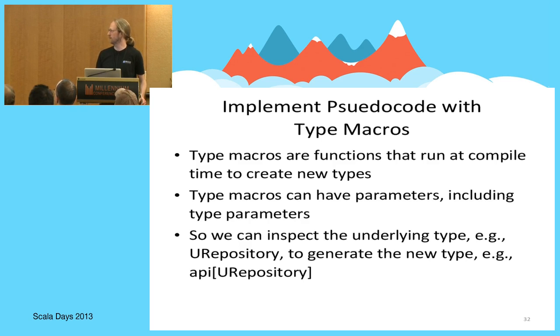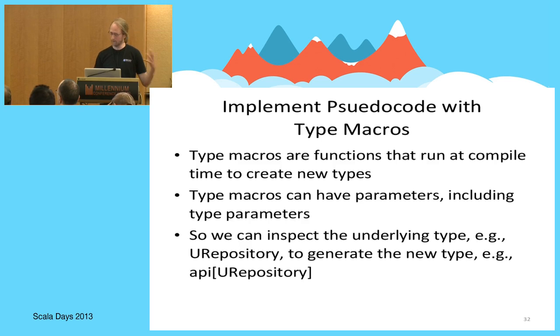The type macro functions can have all different kinds of parameters, including type parameters. So we can inspect the underlying type in our macro, say we get a type parameter that's a U repository, and then we can generate a new type based on the contents of that underlying type.